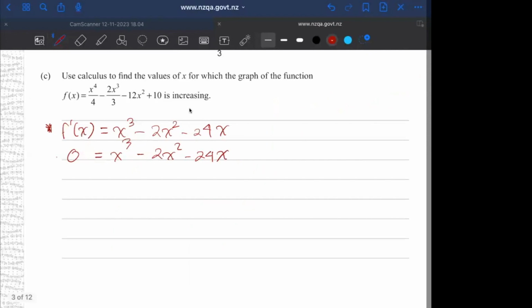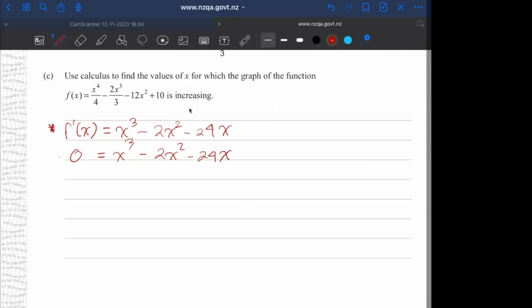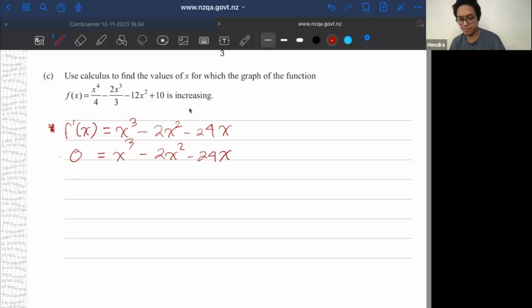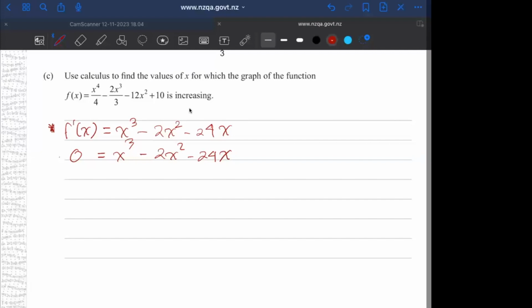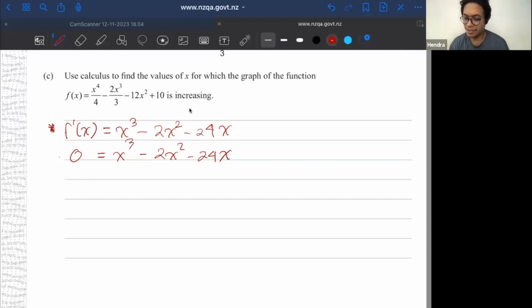What do you get for the x? How do you find the value of x? Well, x could be 0. Yes, you should get 3 values of x. What are the other x?